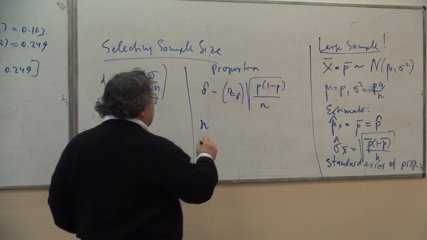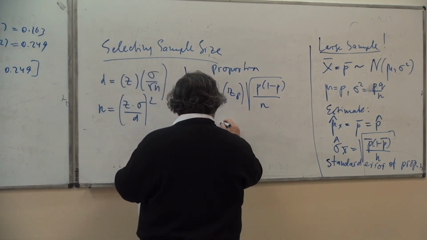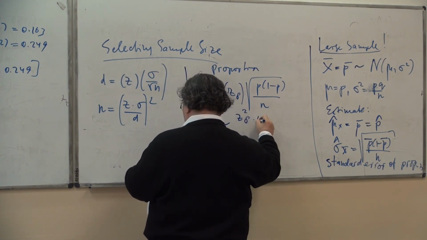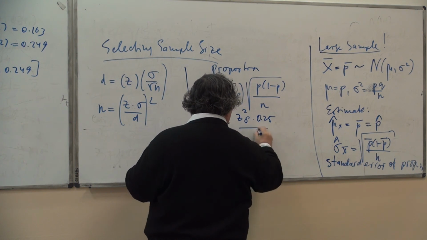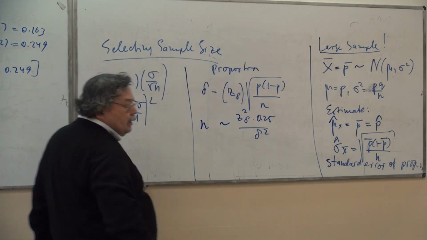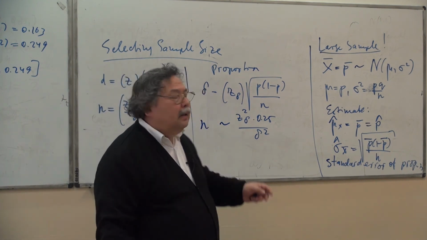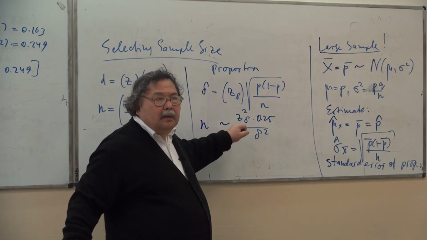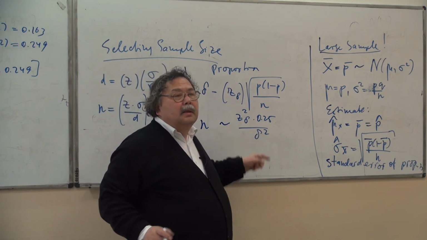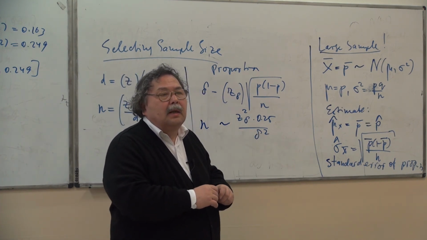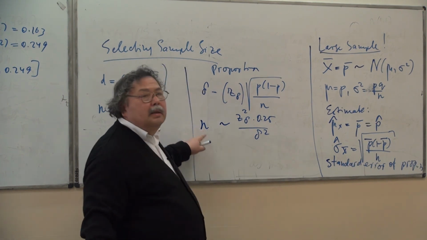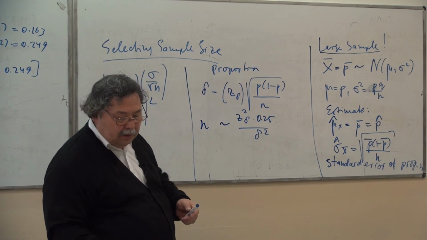Okay, this is the thing. So n is, look at this. You specify gamma, which gives you Z, and you specify delta, and delta is the denominator here. If you try to make delta smaller, the result is an increase in n, a very rapid increase.